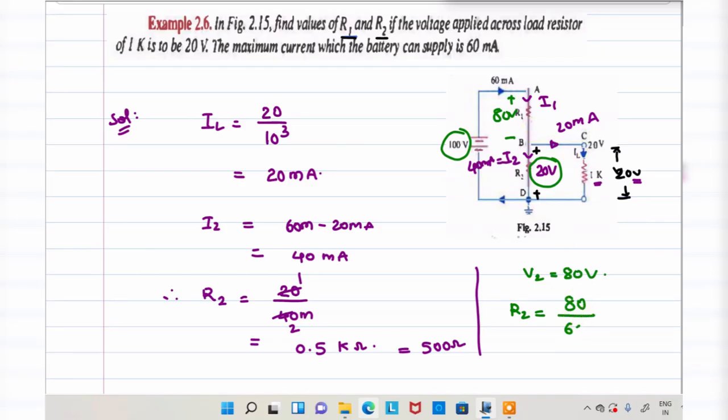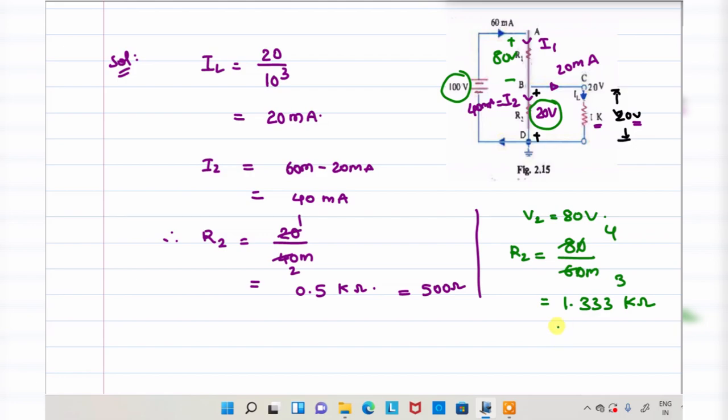What is the current I? 60 milli. The zeros get cancelled. So 1.33 kilo ohms, that will be equivalent to 1333.3 ohms. Okay, we got the R1 value also. This is V1, this is R1. Finally we got the R1 value also. This is the solution. R1 is 1333.3 ohms and R2 is equal to 500 ohms.